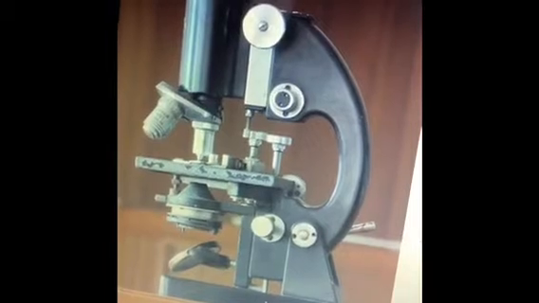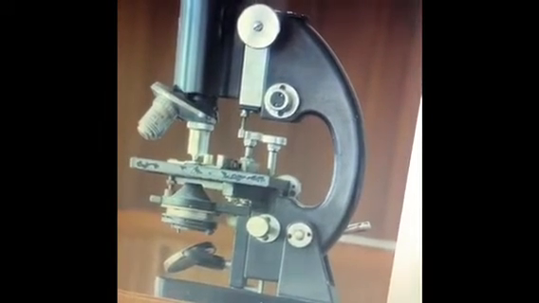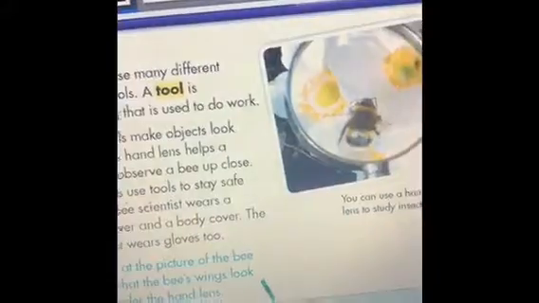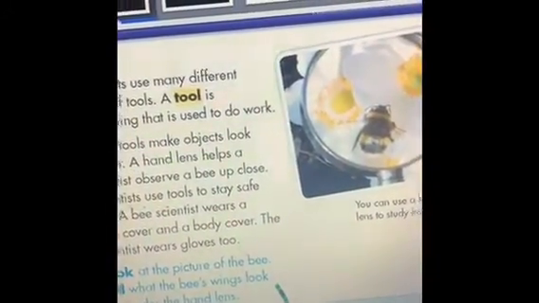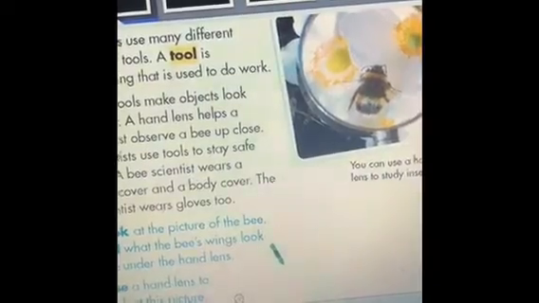It helps us. Tools make our work easier, and also we can do our work using tools.